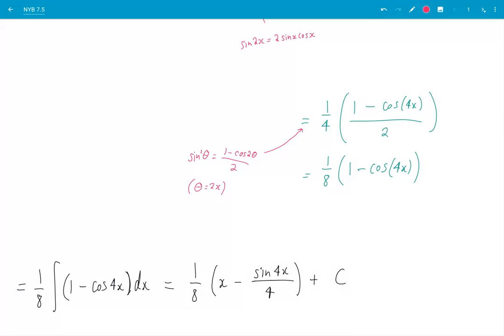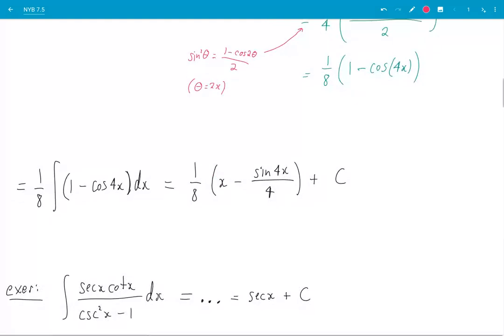First thing you should be doing for an integral is seeing if you can't simplify the integrand. So pause, copy, and try this exercise. It's another trig identity thingamabob.